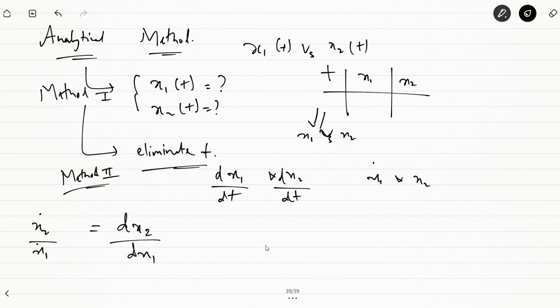After you have obtained this equation that also gives you the slope of a system, you integrate this.